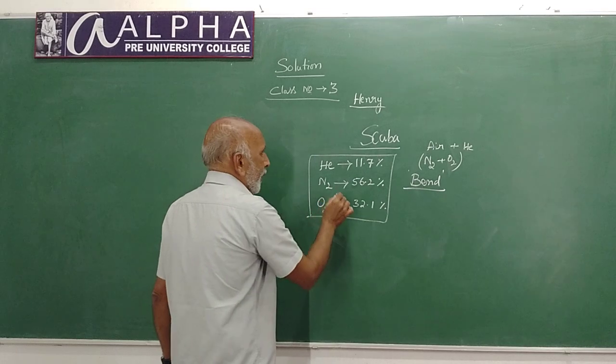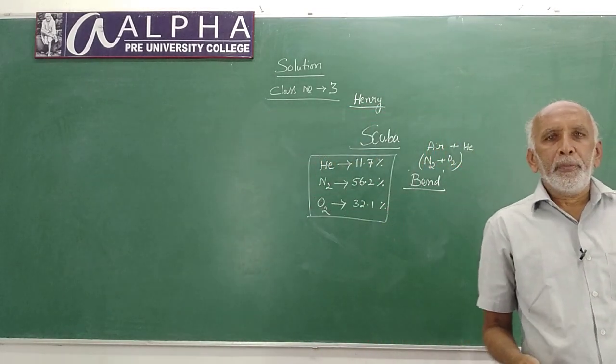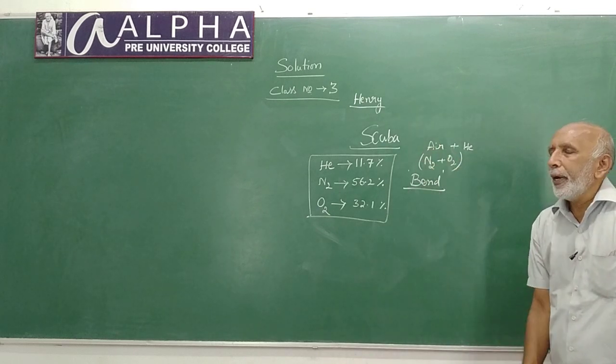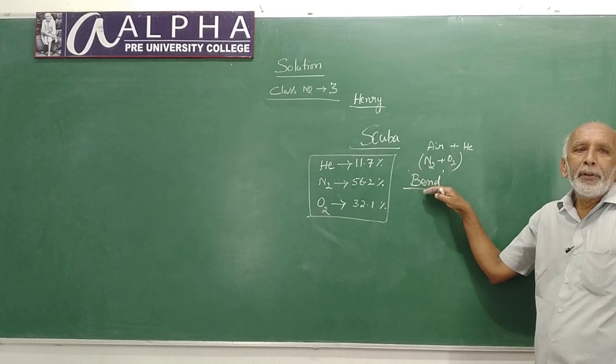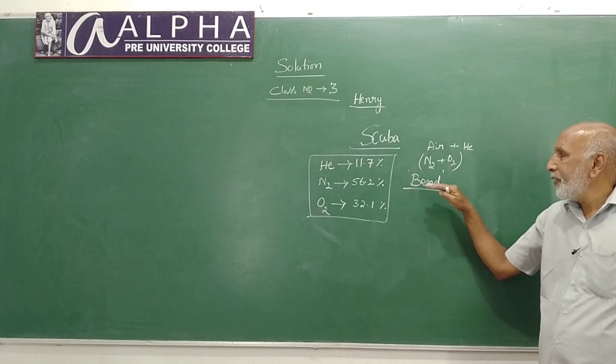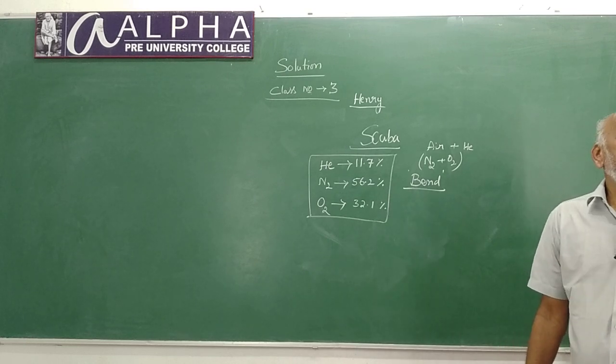This is the composition of the mixture of air and helium used by scuba divers. This mixture is used in order to nullify or minimize the effect of bends, that is pain.